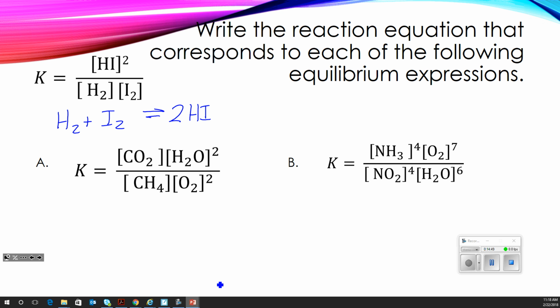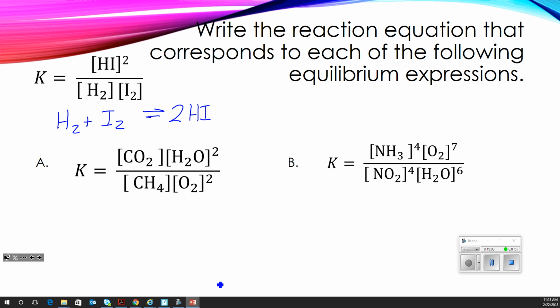So write the equations for A and B. Remember, products are on top, reactants are on the bottom. Don't look up.